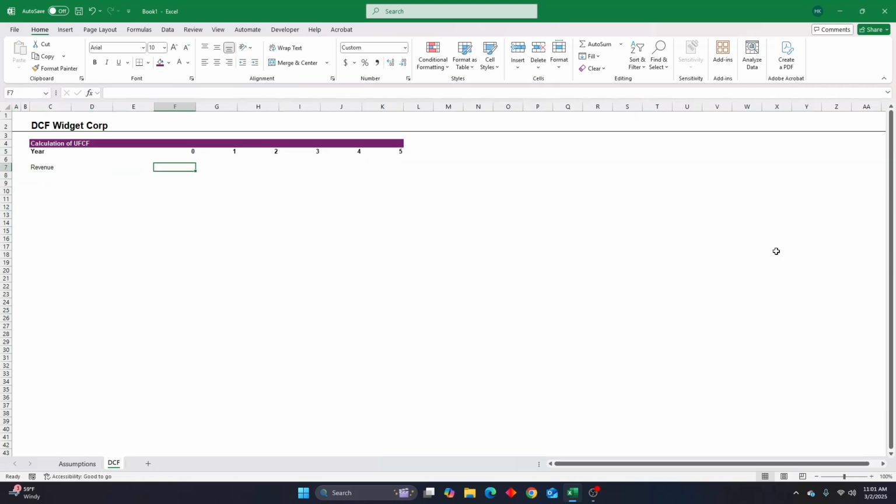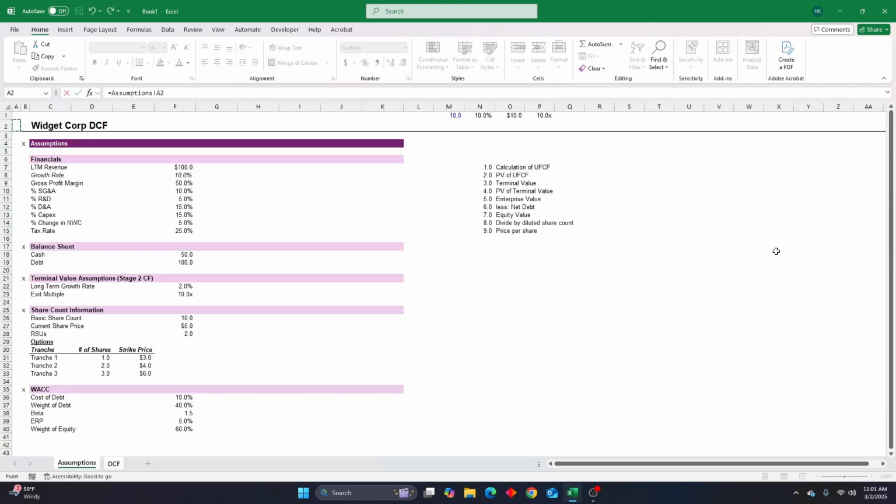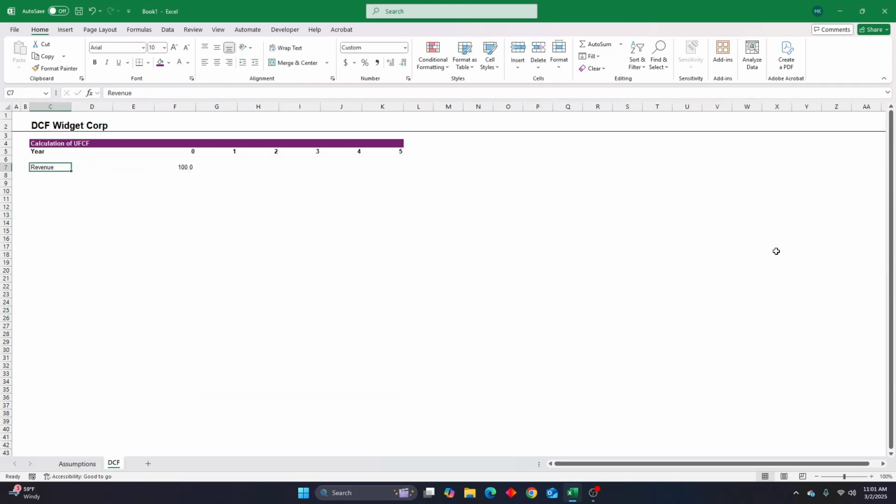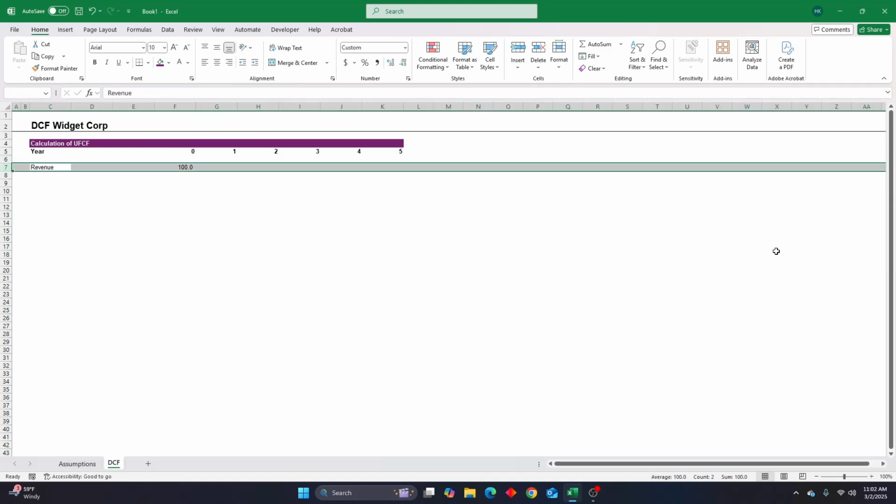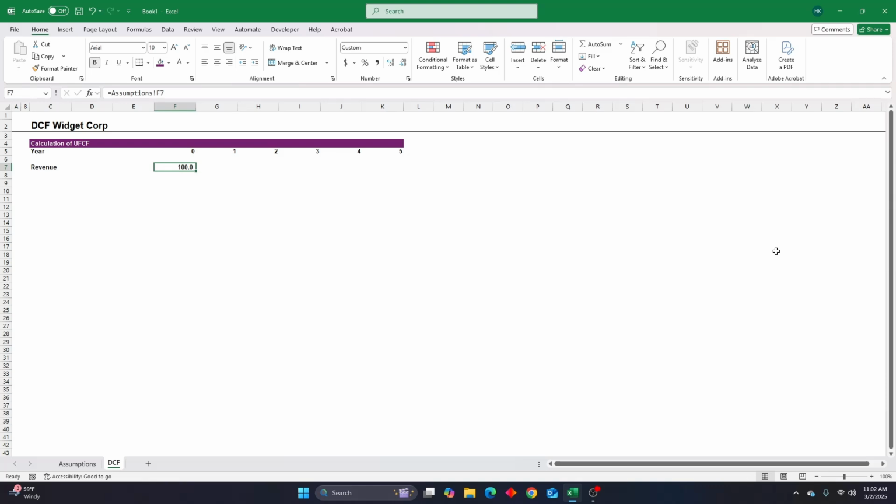So we'll start with our revenue. We know that in year 0, our revenue is going to be that last 12 months. And it's important to note that we only are concerned with cash flows that are going to be generated in the future. And so in this case, we'll only calculate out our revenue for year 0. We don't need to look at our gross profit, our EBITDA, and all the other metrics in year 0 because we only care about future cash flows.